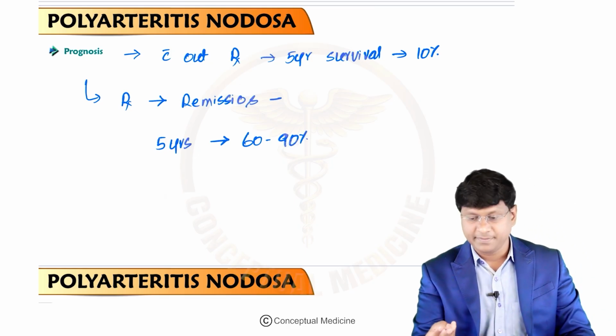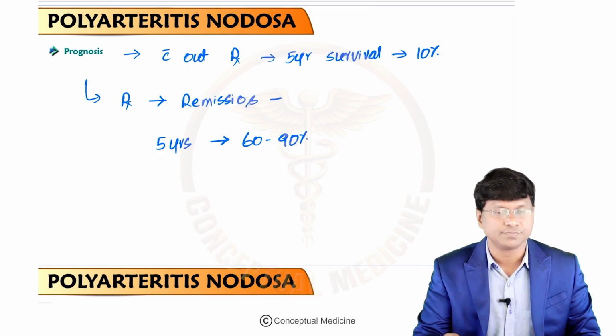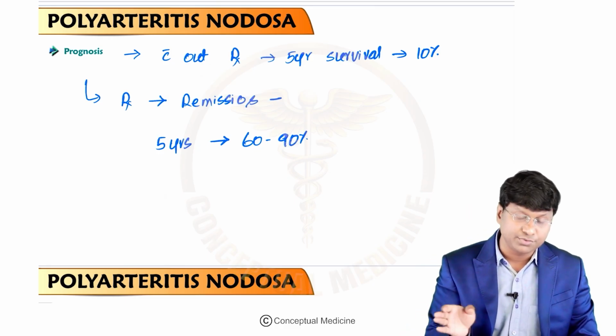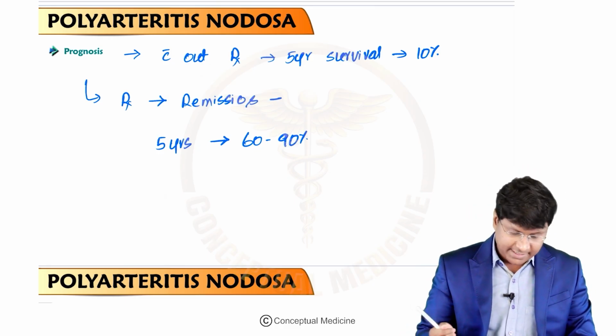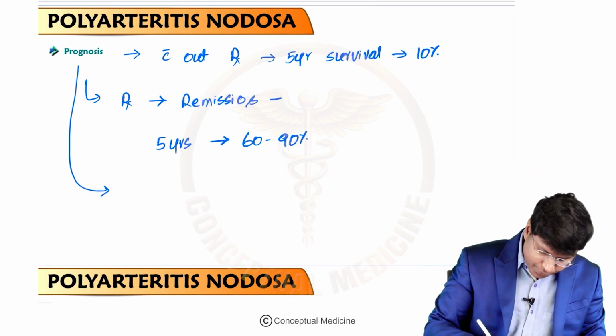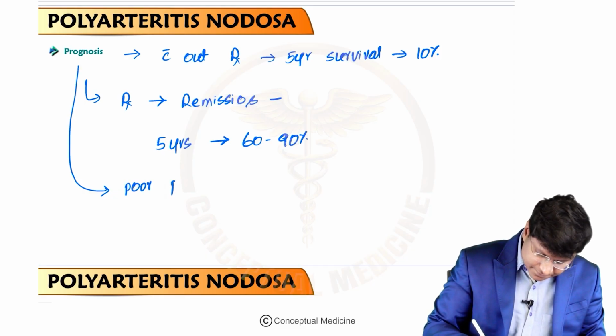Appropriate therapy means mainly your high dose corticosteroids, and in severe cases you also need to add cyclophosphamide. Then what will be the poor prognostic factors?